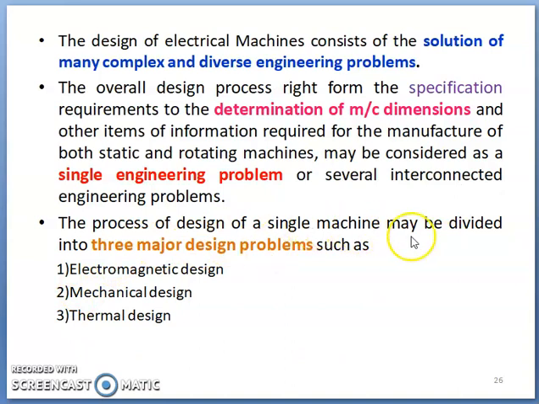The process of design of a single machine may be divided into three major design problems: electromagnetic design, mechanical design and thermal design. These are very important during the design process.